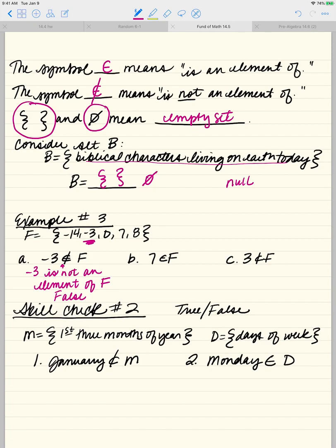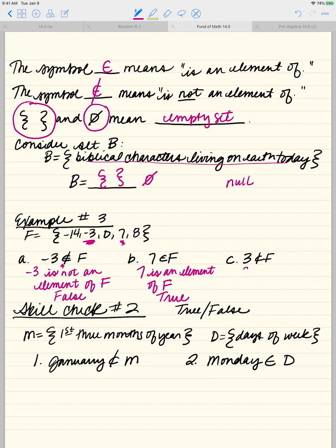Okay, how about B? B says 7 is an element of F. So we look at the set. We say, is 7 listed in that set? Yes, it is. It's right here. So 7 is an element of F. That is true.